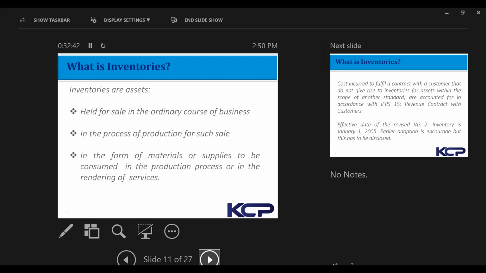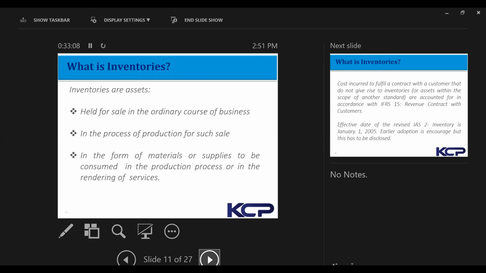Then the next one, in the form of materials or supplies to be consumed in the production process or in the rendering of services. Does it mean as we operate, as we render a service or in the service industry, we cannot have inventory? We can.